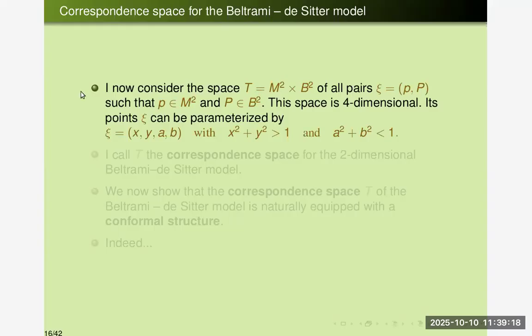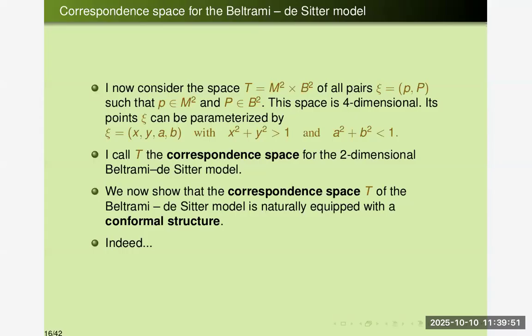So I restrict that X and Y is in the de Sitter and A and B is in the Beltrami, right? And I call this space the correspondence space for the two-dimensional Beltrami de Sitter model. And what I show now is that this four-dimensional space also has a natural conformal structure, although you will see that it's just a bit tricky.